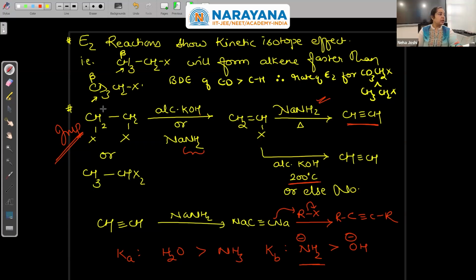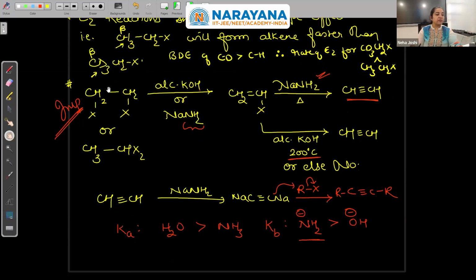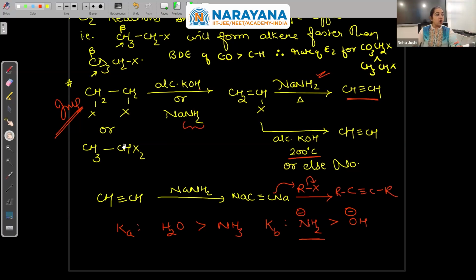Is that clear? This is again an important point: if I talk of a vicinal or geminal dihalide, and now I remove 2 moles of HX, I can form alkynes. But what reagent should I take? If I take alcoholic KOH, or NaNH2: out of these two, the alcoholic KOH base is OH minus, the NaNH2 base is NH2 minus. So out of these two, NH2 minus is the stronger base.